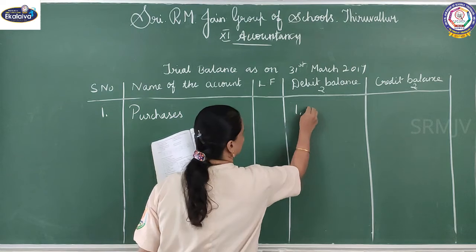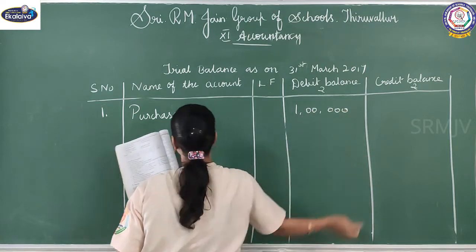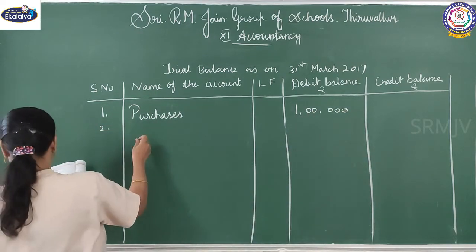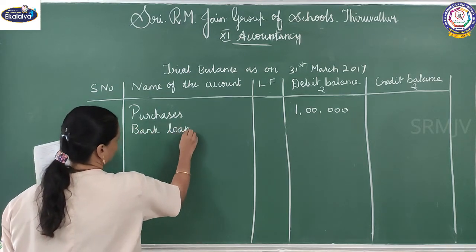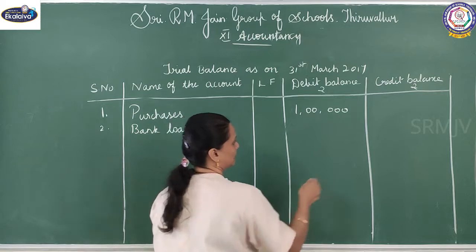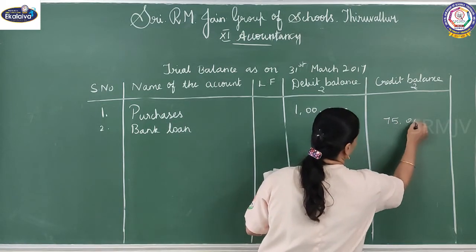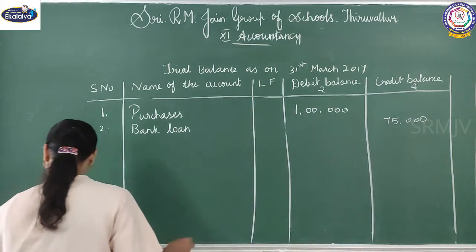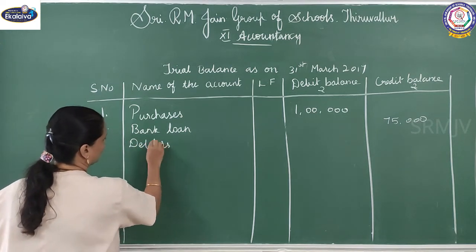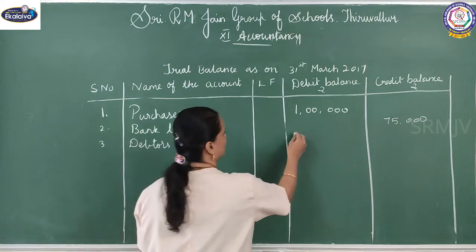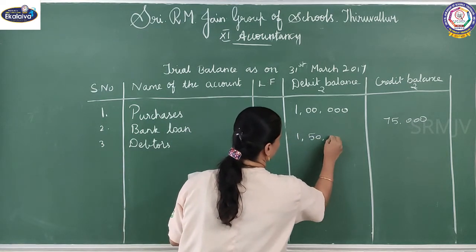Purchases 1 lakh. Bank loan, it's a liability, so I am writing in the credit side. And then debtors 1,50,000.